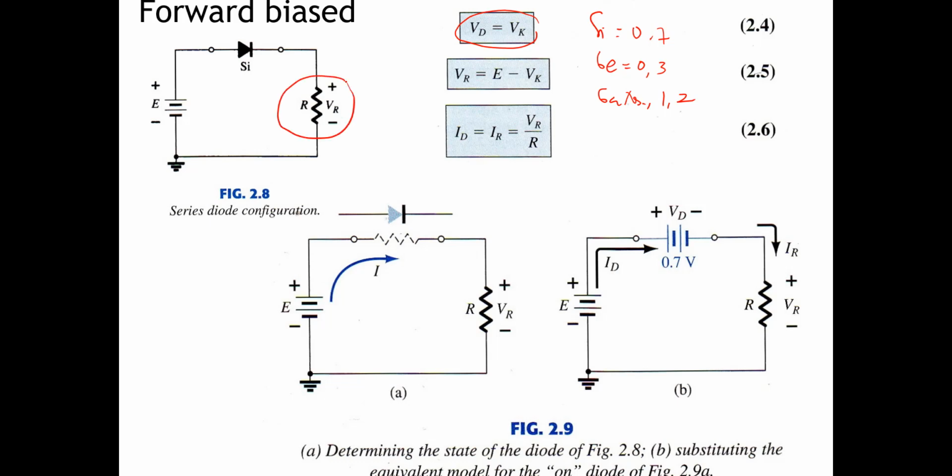VR here using Kirchhoff is E minus VD, or minus VK, because VD is equal to VK here. And then ID is equal to IR, the current flowing in the circuit, which is VR divided by R. And then we can make an equivalent circuit like this one. The VD here for silicon, we use 0.7 volt. So this is the substituting equivalent for the on diode.